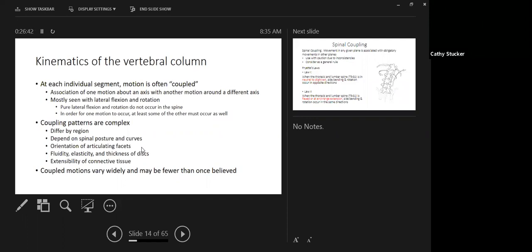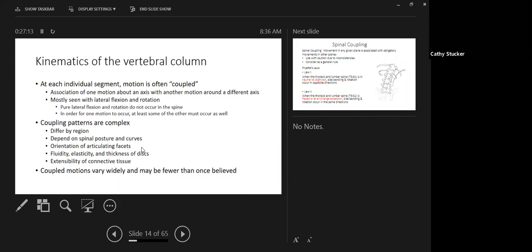Okay, so this is a lot of words. I hate to put this many words on a slide, but we talked about that coupling motion. It's mostly seen with lateral flexion and rotation, so side flexion and rotation. Flexion and extension do have an impact, though, on the movement, and we're going to look at that. So in order for a motion to occur, such as flexion or extension, there has to be some other impact.